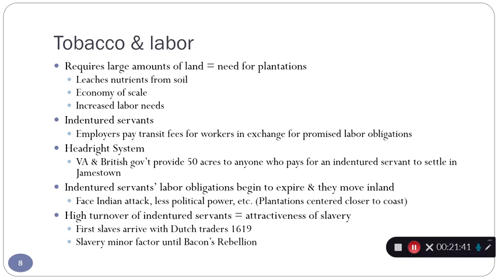Having lots of land under cultivation automatically means that you need lots of people to work that land. Initially, that labor is filled by indentured servants. Now, indentured servants are people from England or Wales or Scotland who, for one reason or another, want to or have to leave their home.